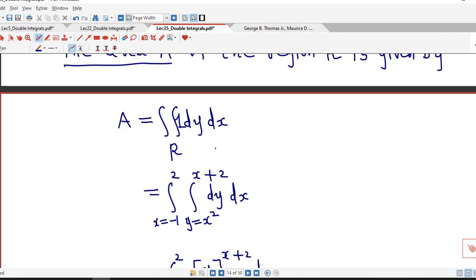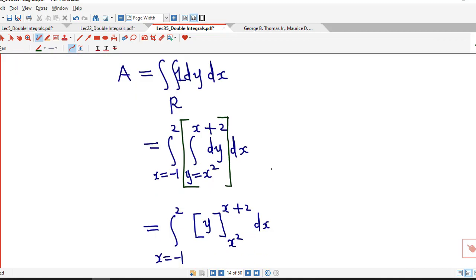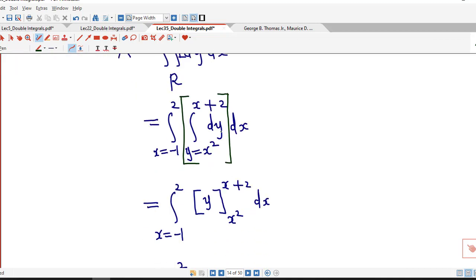So first we put the limits of x and y, and then we integrate with respect to y, considering x as constant. The integral of dy is y, with limits from y equal to x square to x plus 2.